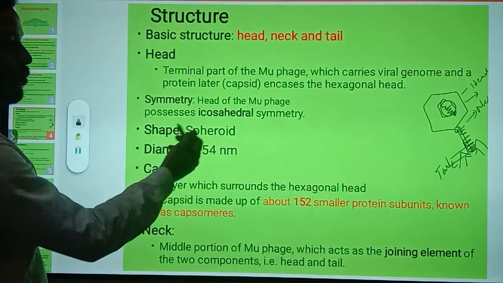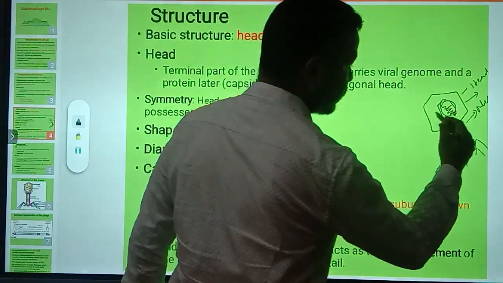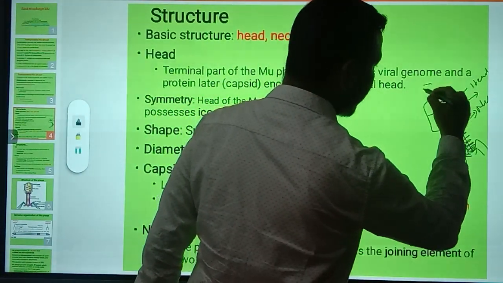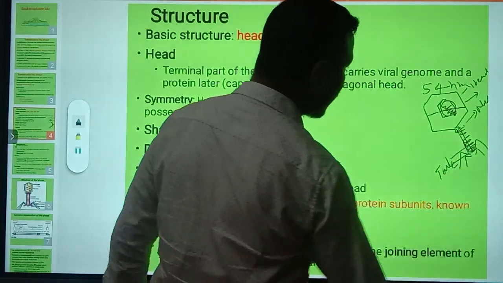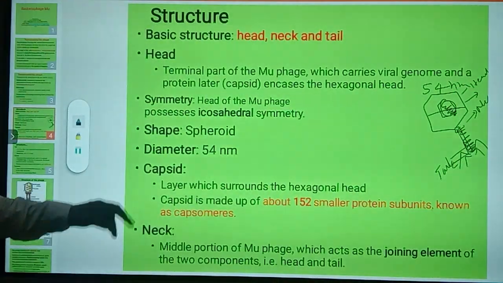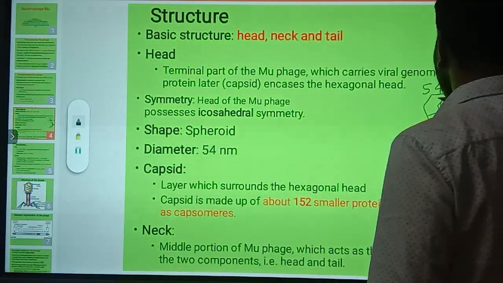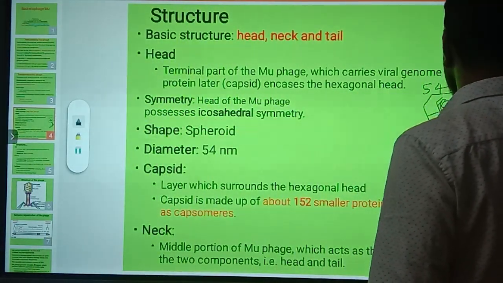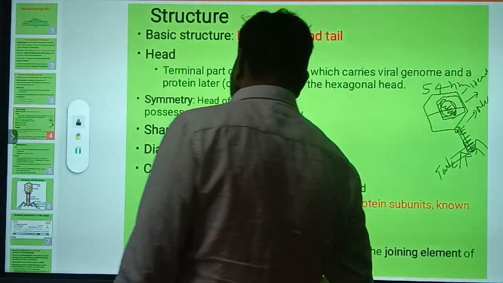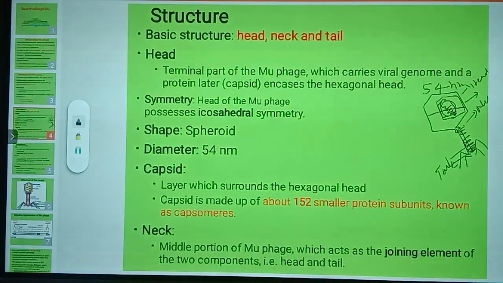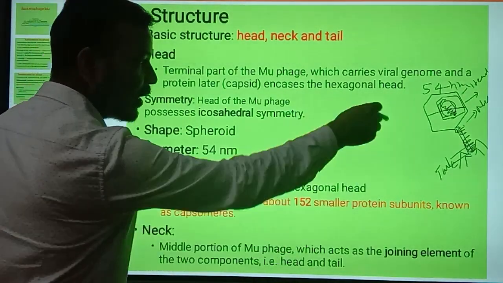The shape is almost a spheroid, and the diameter is 54 nanometers. The covering, the membrane which covers the genetic material, is known as the capsid. It is made up of protein subunits, capsomeres. These are the layers which surround the hexagonal head.